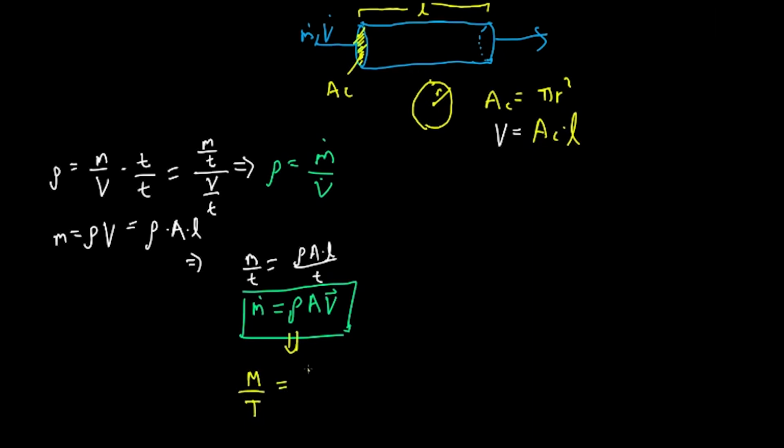And rho is going to be mass over length cubed, because it's volume. Area is going to be length squared, and velocity is going to be length per time. So I hope you can see that if I cancel out this L squared and this L with L cubed, we're indeed left with mass per time. So the dimensions do check out.